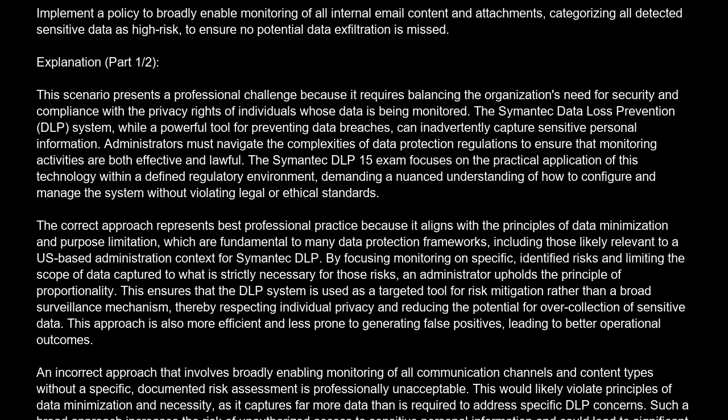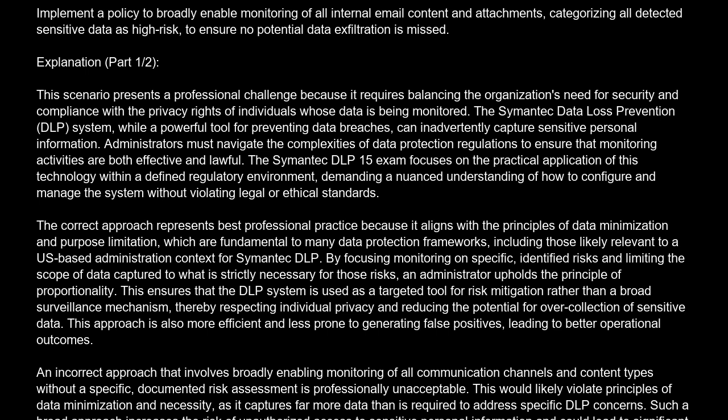The correct approach represents best professional practice because it aligns with the principles of data minimization and purpose limitation, which are fundamental to many data protection frameworks, including those likely relevant to a U.S.-based administration context for Symantec DLP. By focusing monitoring on specific, identified risks and limiting the scope of data captured to what is strictly necessary for those risks, an administrator upholds the principle of proportionality.